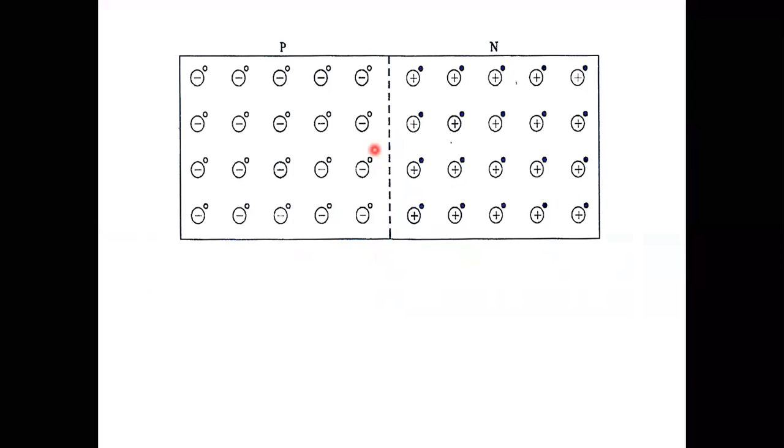The holes, which are majority charge carriers on the P side, will move from the P side to the N side, and the electrons, which are majority charge carriers on the N side, will move from the N side to the P side, due to a process called diffusion.